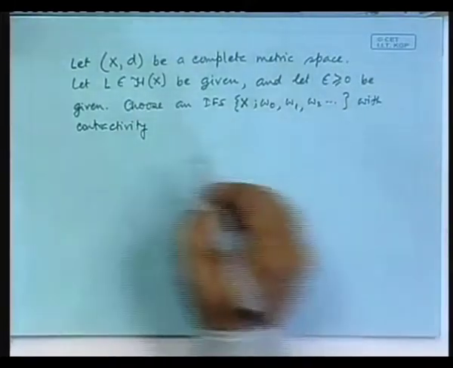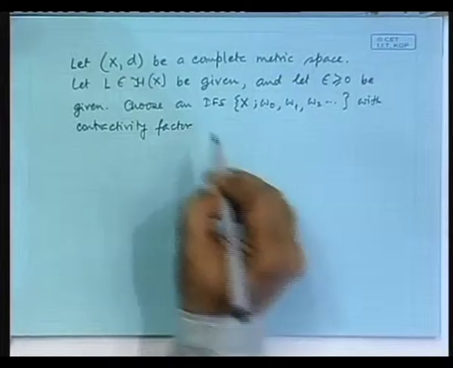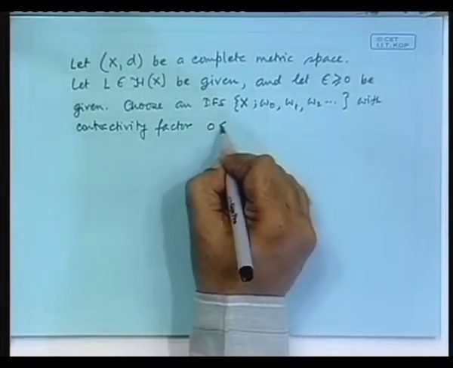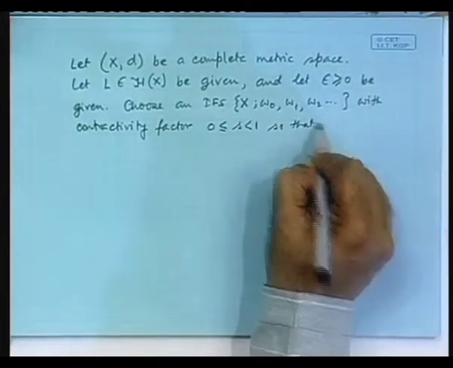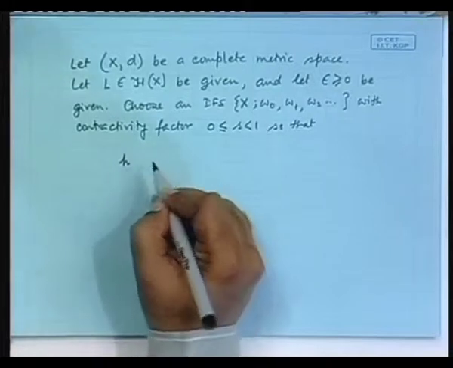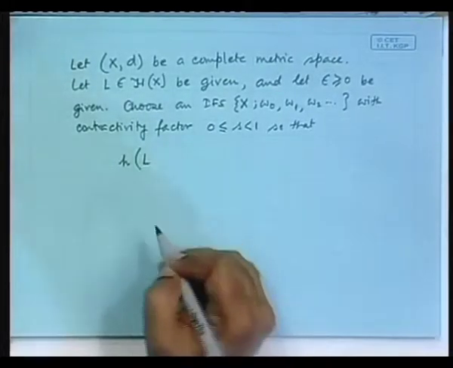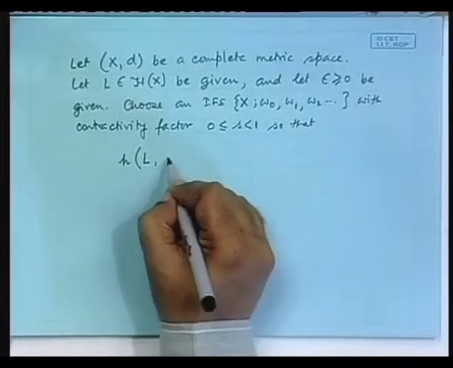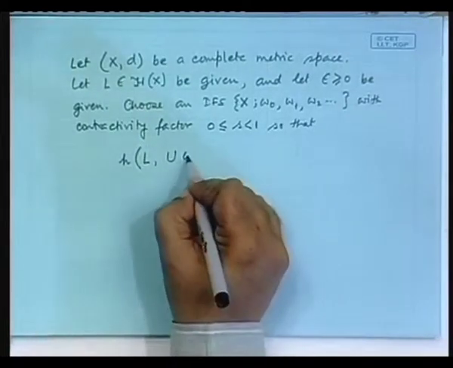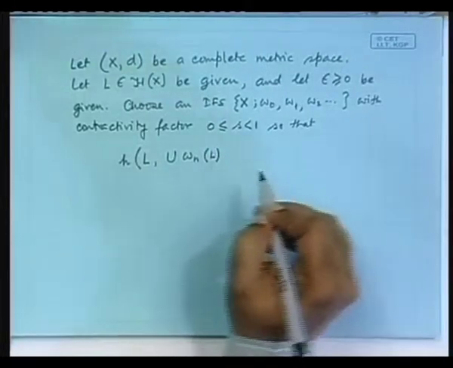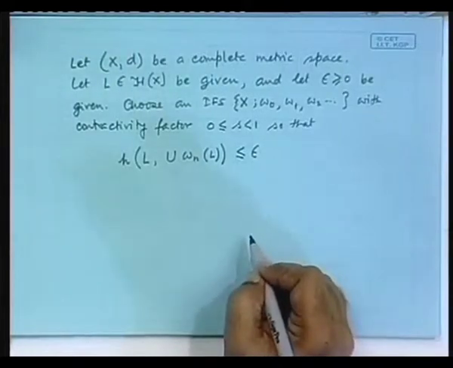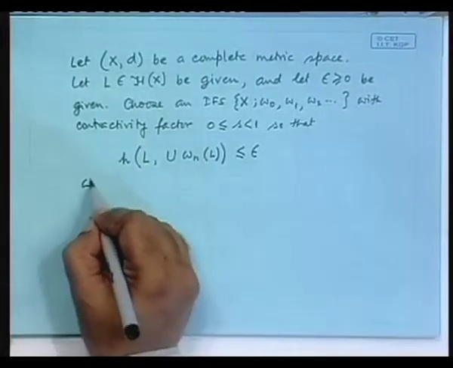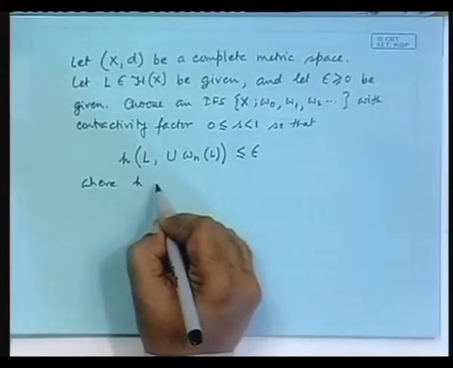Choose an IFS with contractivity factor s, so that the Hausdorff distance between the object L and the union of W_n of L is less than epsilon, where H is the Hausdorff distance.